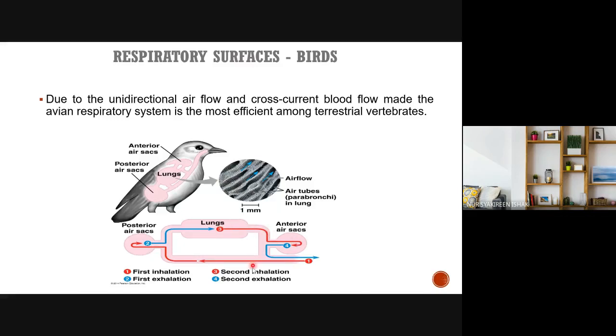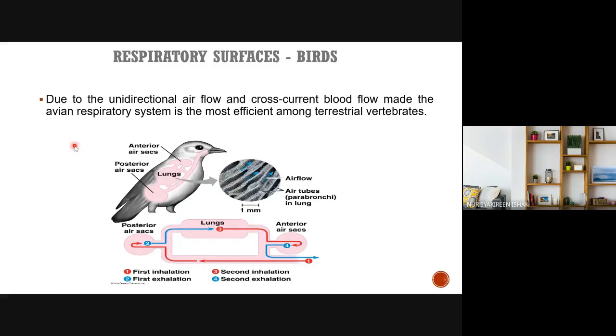Okay, so during exhalation, both of the air sacs will deflate. So fresh air from the posterior will be pushed into the lung, and the stale air from the anterior will move out through the trachea and out into the atmosphere. So that is one unidirectional airflow for bird.